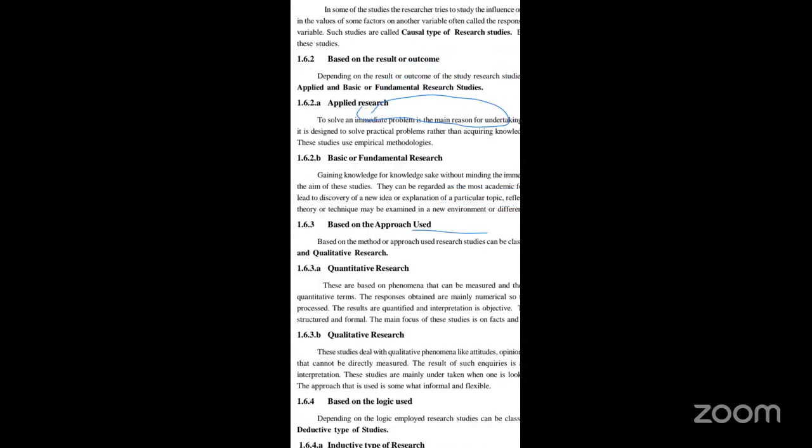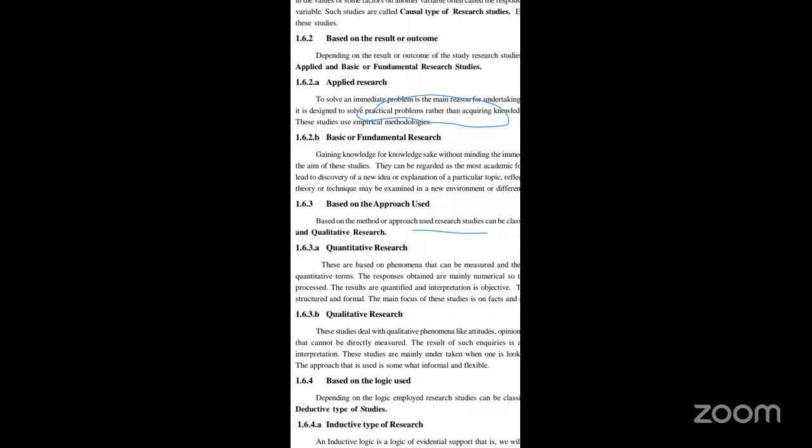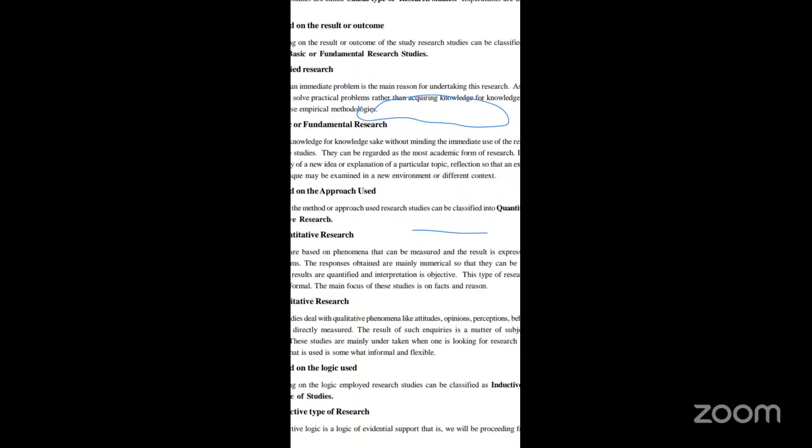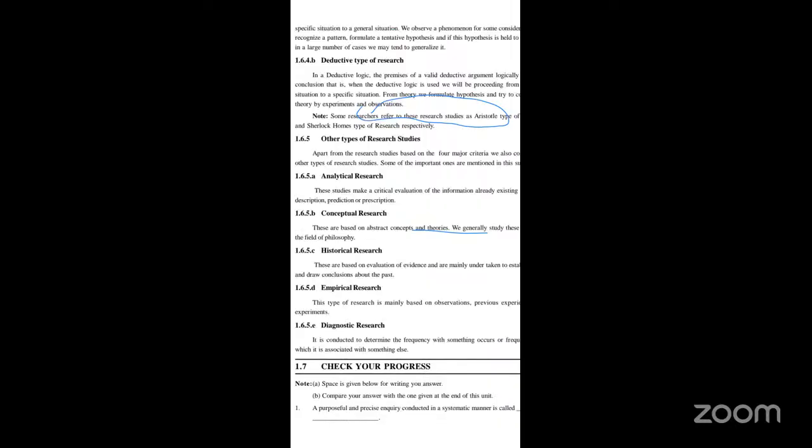So based on the approach used, research studies can be classified into qualitative and quantitative. Quantitative means we can measure these things. Qualitative means we cannot measure, we can only identify. Like logic, inductive and deductive.